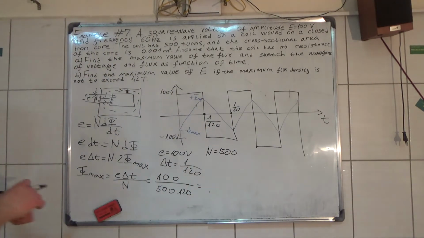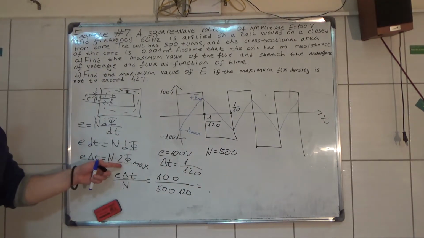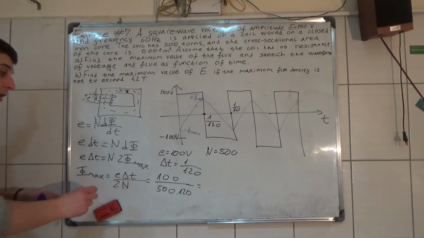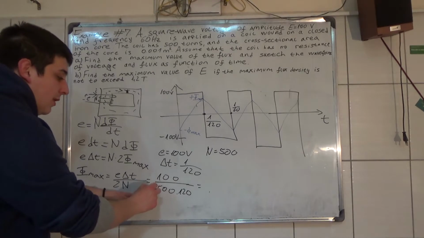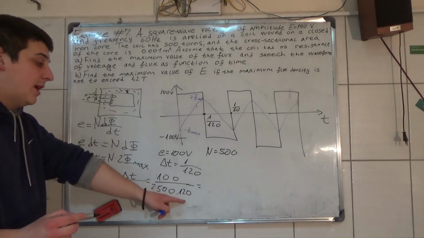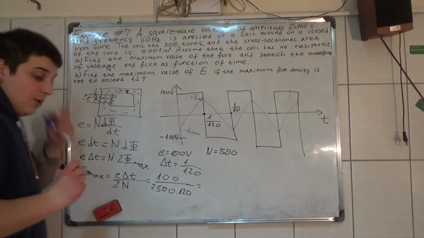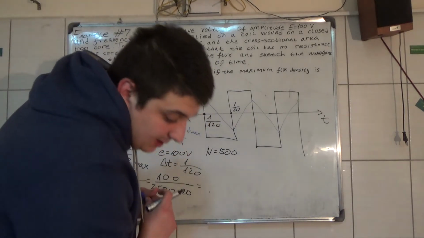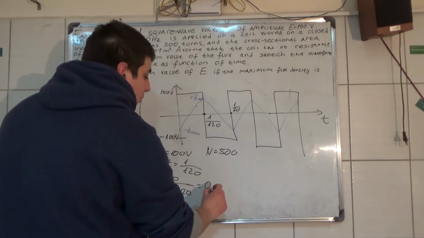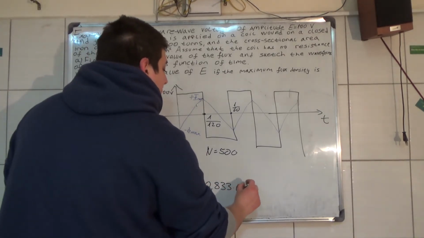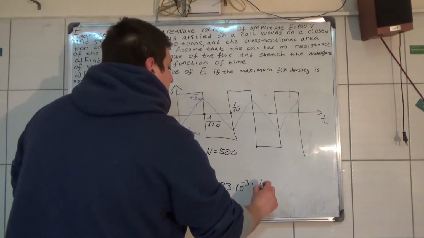Oh sorry, I forgot this 2. This number 2 goes in the denominator over here, so we have 2 times 500 times 120, sorry about this, and you get that the flux maximum is equal to 0.833 times 10 to the minus 3 Webers.